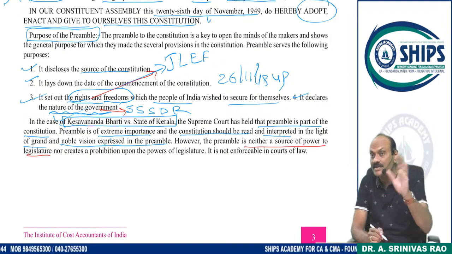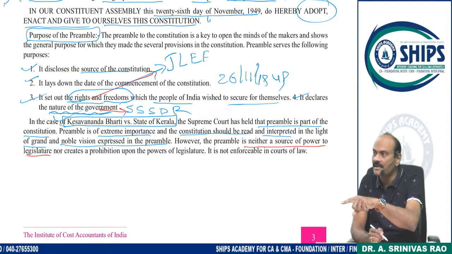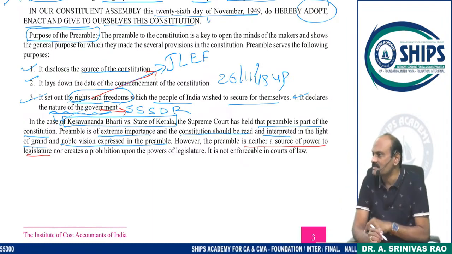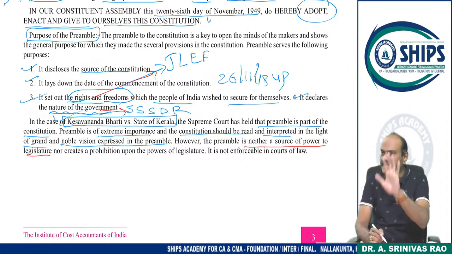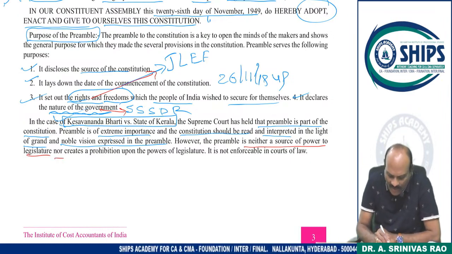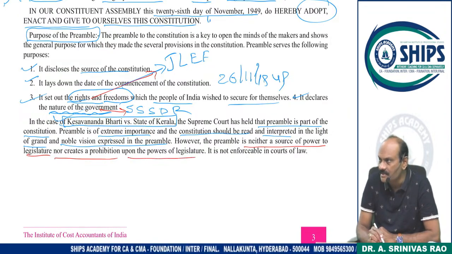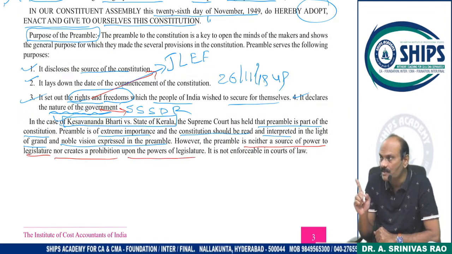The preamble is for the preparation of the Constitution of India. Legislations came into force according to your articles. Thereby remember, the preamble is considered important, but it is not a source of the power of legislation, nor does it prohibit any powers of the legislature. Neither is it a source nor does it prohibit.